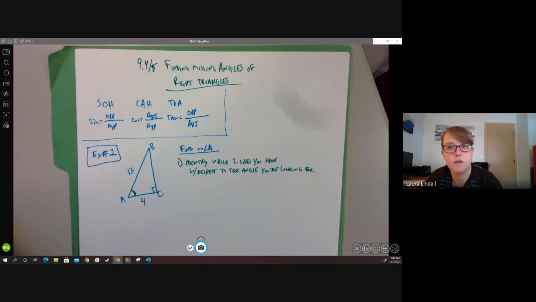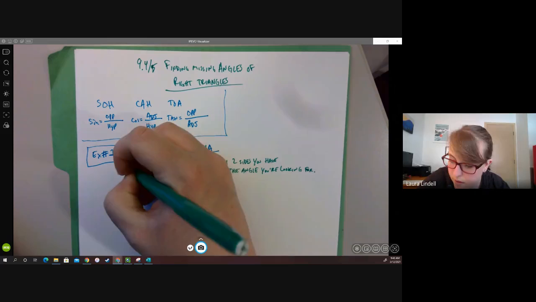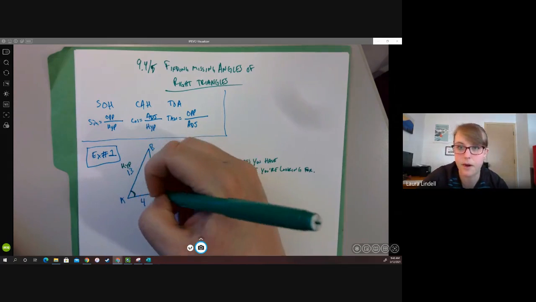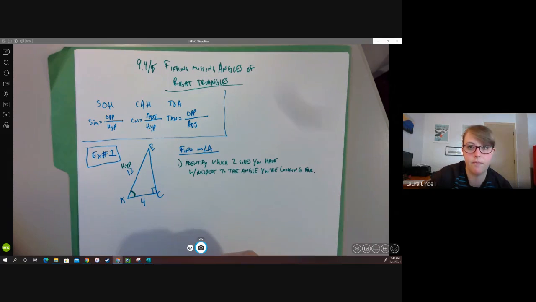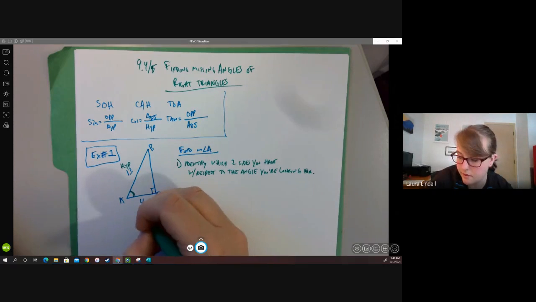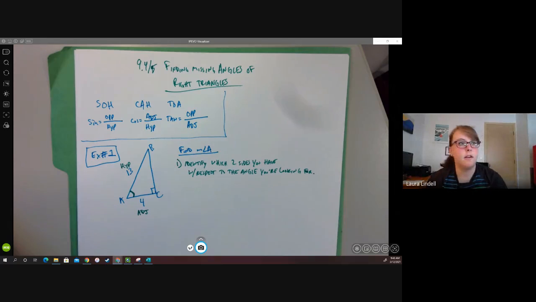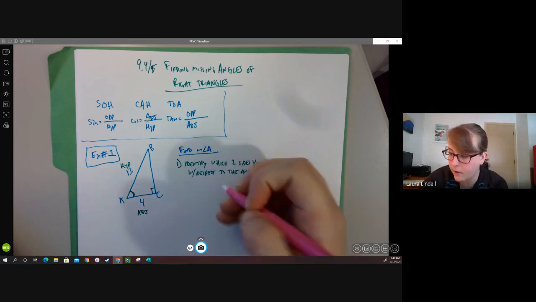Everybody asleep today? Are we all just still writing? Hypotenuse. Thank you. 13 is the hypotenuse. It's across from the right angle. What about 4? Adjacent. Thanks, Jade, saving us there. All right, so we have adjacent and hypotenuse that we're working with here.